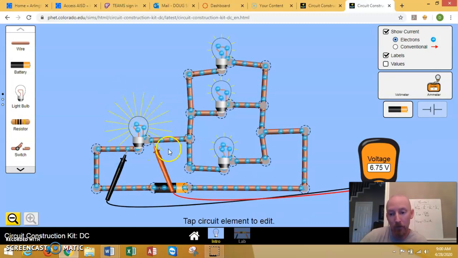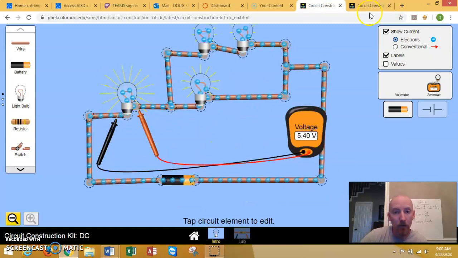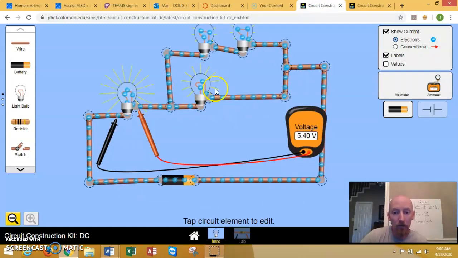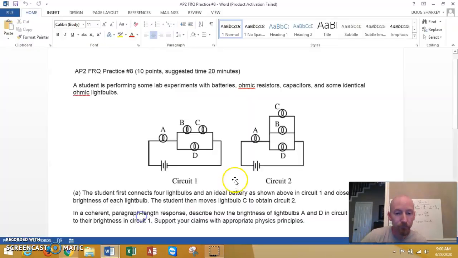So you get a bigger drop here, 6.75 versus 5.4. And so what happens is there's less left over for these guys, less pizza, right? And so this D here is actually less bright than this one is for this circuit. So that's kind of a crash course as far as how these circuits go.